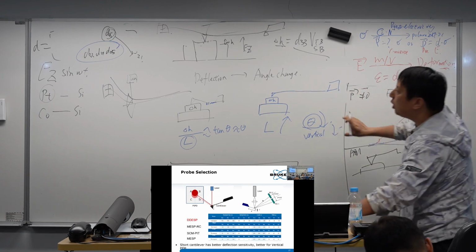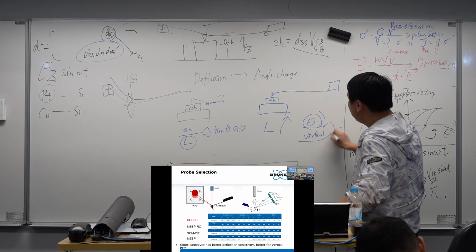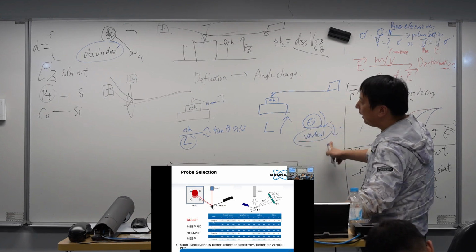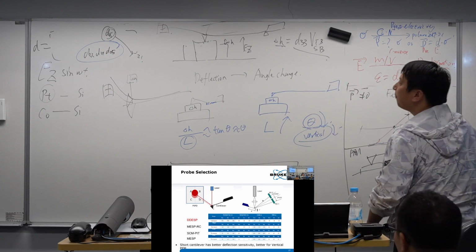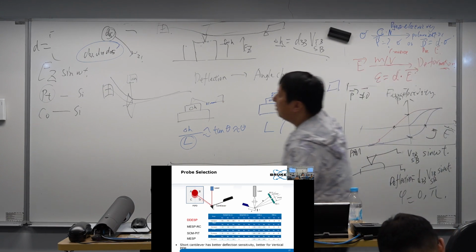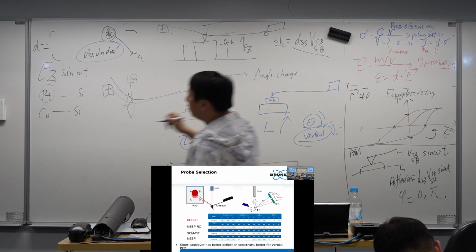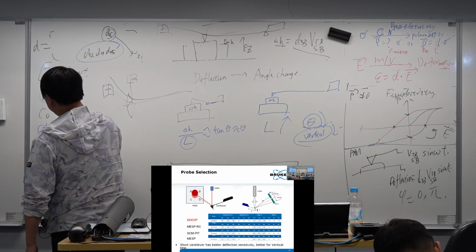So if we want our vertical signal to change dramatically, we want our length to be short. So this PFM demands a short probe.